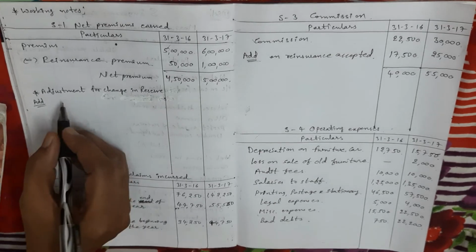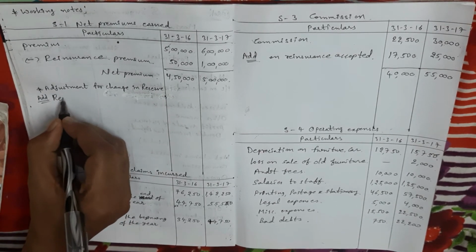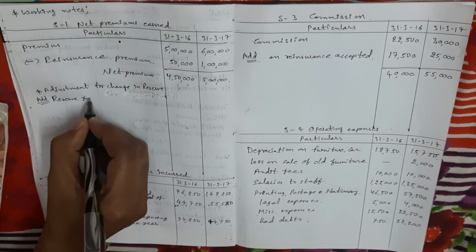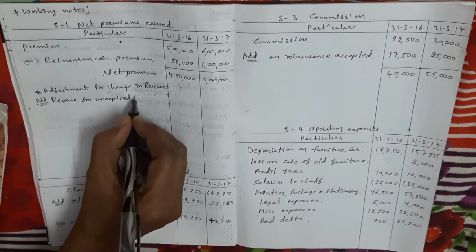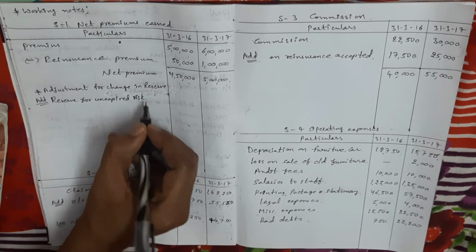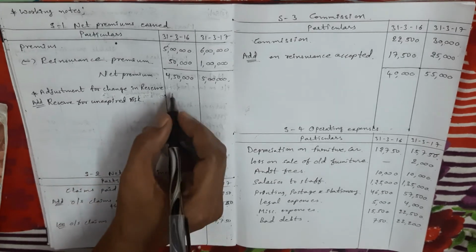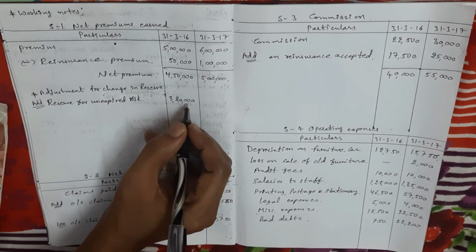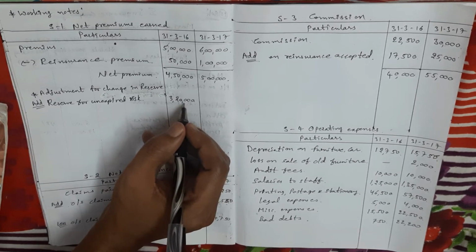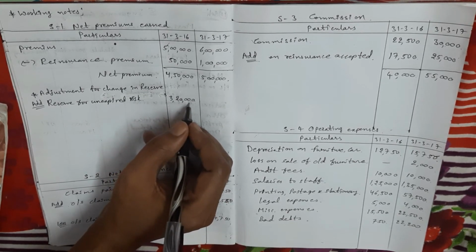Okay, so first I'm taking reserve for unexpired risk. Reserve for unexpired risk at the beginning of the year is given as 3 lakhs 20,000. Here, last year beginning is given as 3 lakhs 20,000.